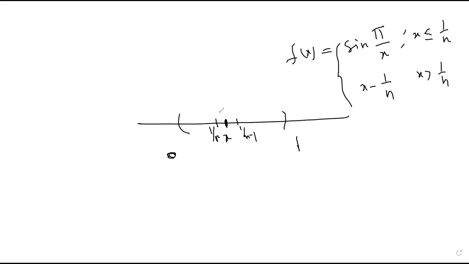So your function is just like this actually. Below 1/n, you take the sinusoidal part, and above 1/n, you take the linear part. Then you can see that this function does not vanish at this point x. But this f belongs to that ideal that we defined. So for every x you can do that. Whatever x you take, you can find a large enough n such that 1/n is less than x and apply this trick.